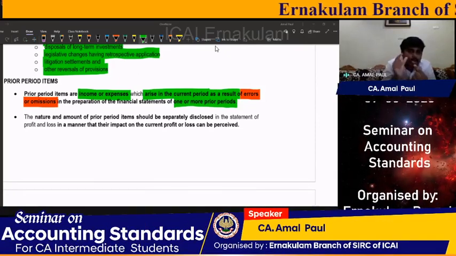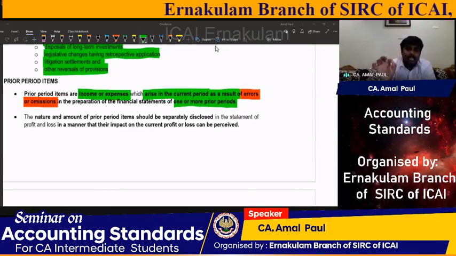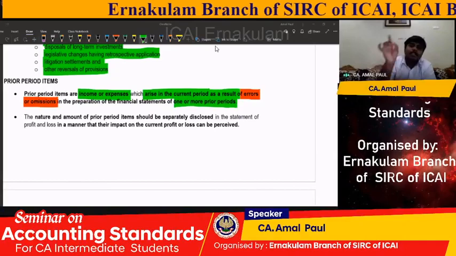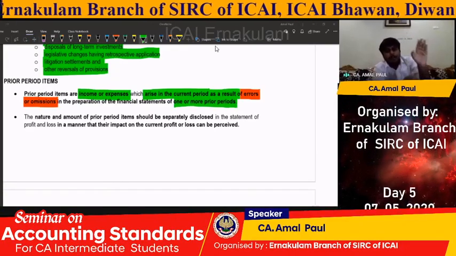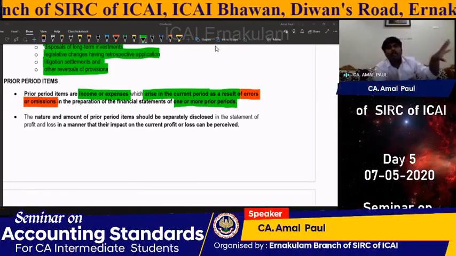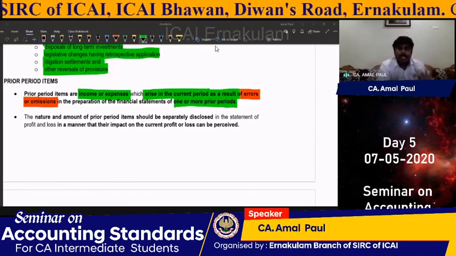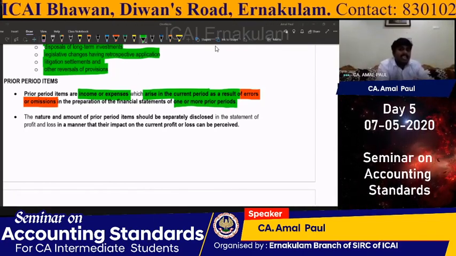What is the crux to identify a prior period item? Whether there is any error or omission in the preparation of financial statements in prior periods. At the time of preparing those financials, they could have considered this, but they have not considered it, or they had considered it erroneously.